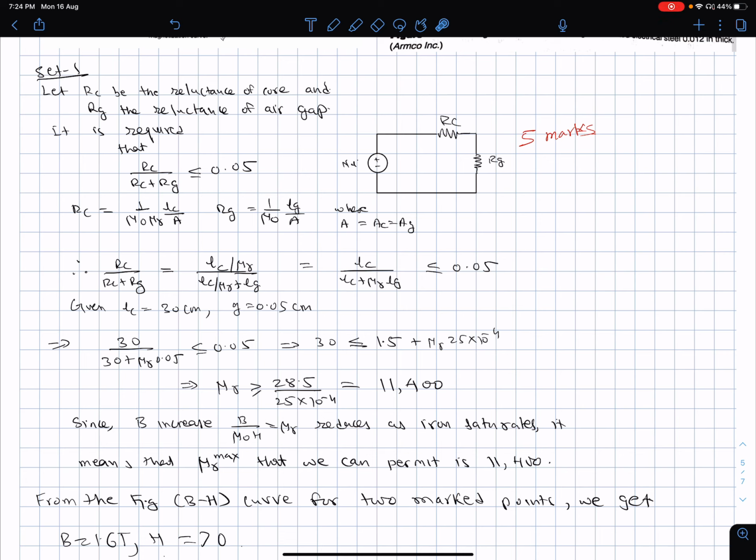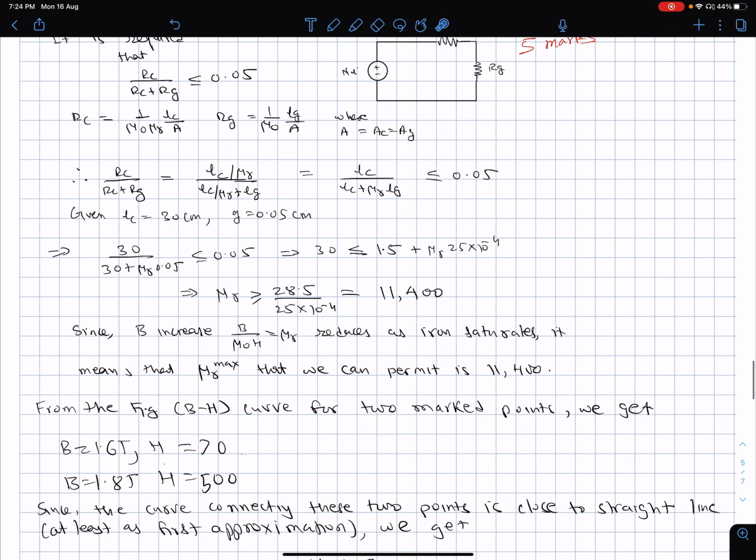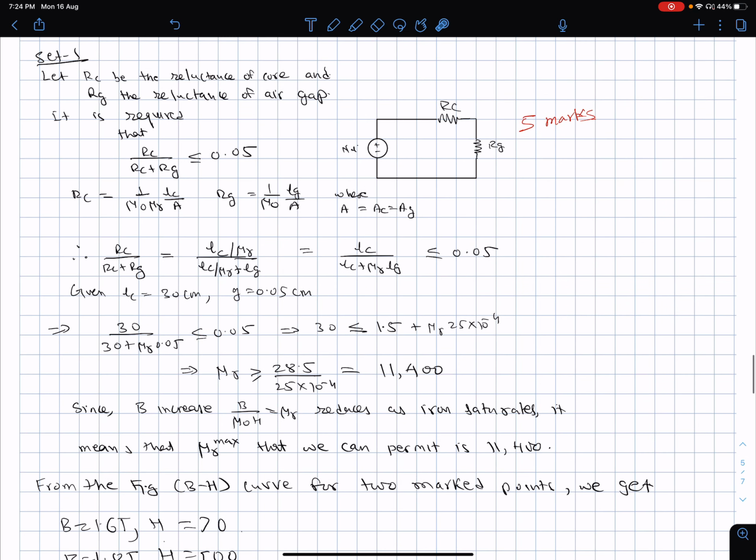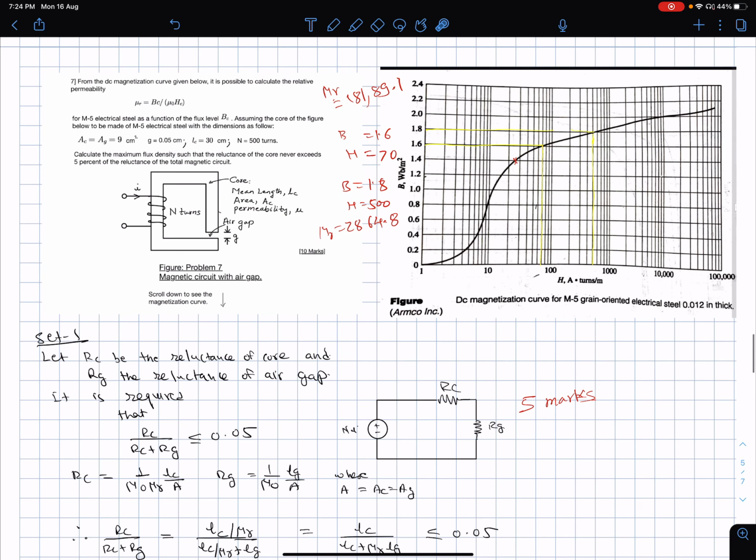The point now is that mu r is a dimensionless quantity, so I am not expecting you to write any dimension here. Now see, initially in this region mu r is very high, but as the magnetic material starts saturating, if you calculate B by H, it will keep reducing, because then the incremental flux increases as if there is air only, nothing more than that.